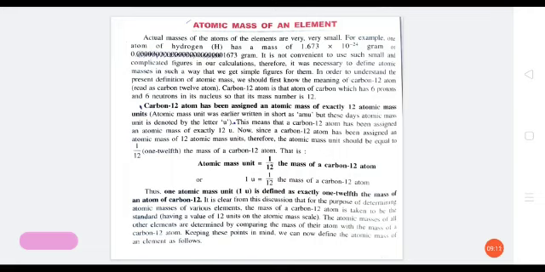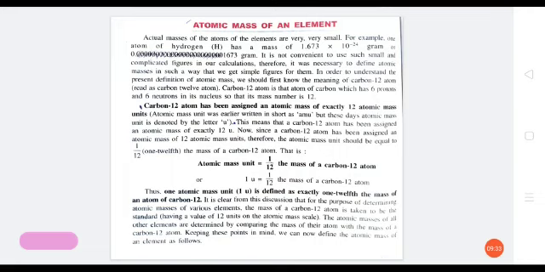It was earlier written as AMU as a unit, but nowadays the atomic mass unit is denoted by the letter small u.